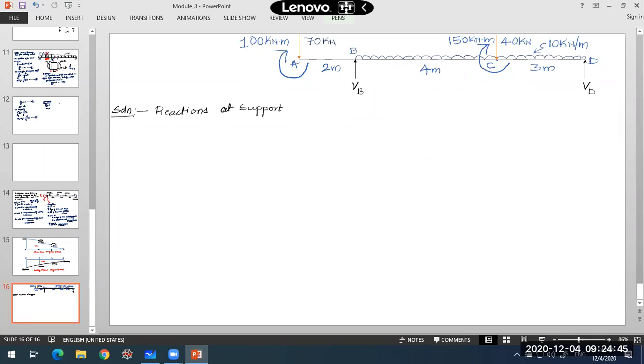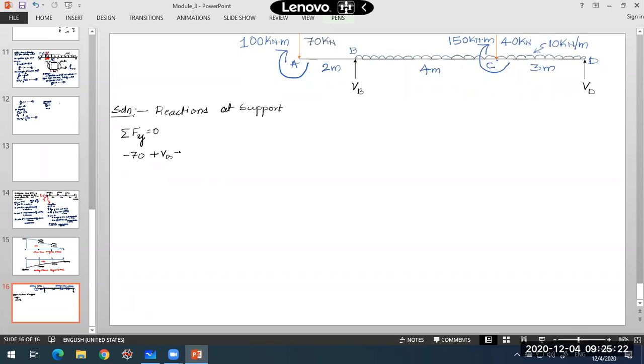If I take moment about D, first is summation Fy equal to 0. So what are the vertical forces over here? I'll start with this end A: minus 70 kilonewton downward force, and VB, which we have taken to be upwards. We have this UDL spread for a length of 7 meter, 4 plus 3, of 10 kilonewton per meter intensity.